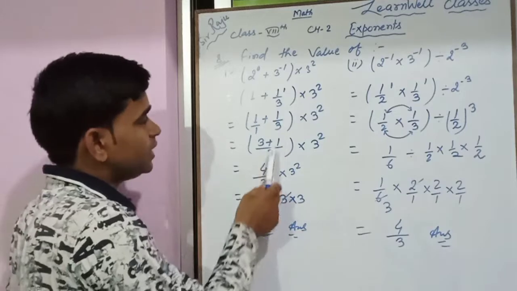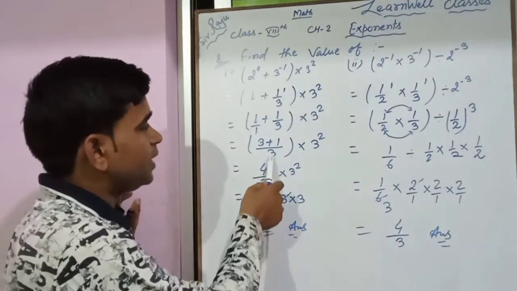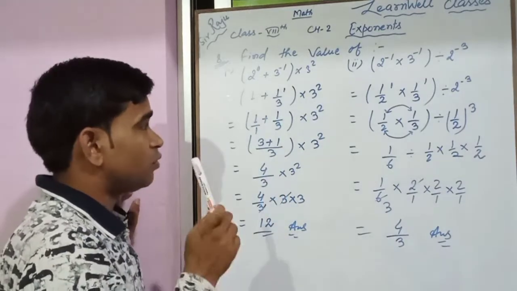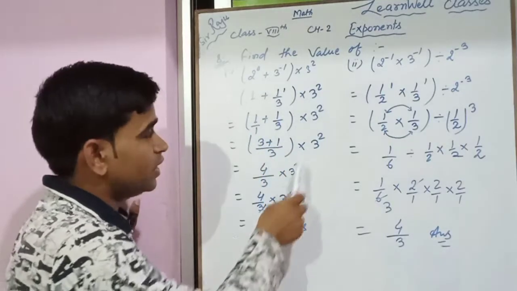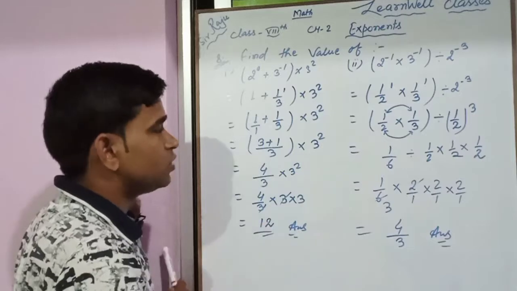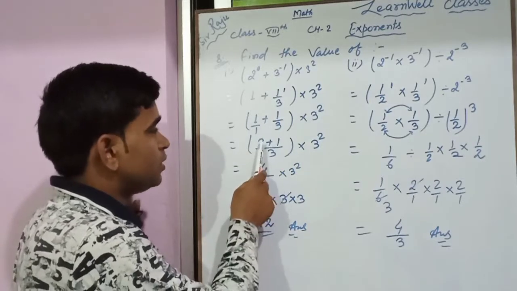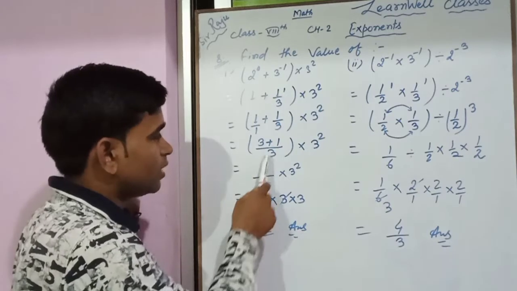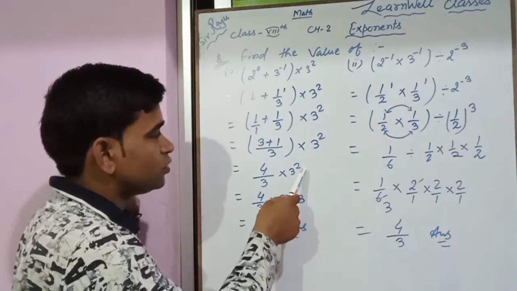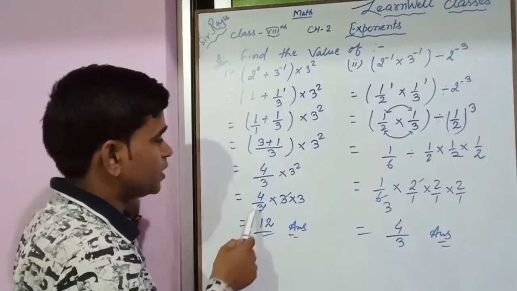So 3 divided by 3 gives 1. So 1 into 1 is equal to 1, into 3 raised to the power 2. So next, 3 plus 1 is equal to 4 upon 3 into 3 raised to the power 2.